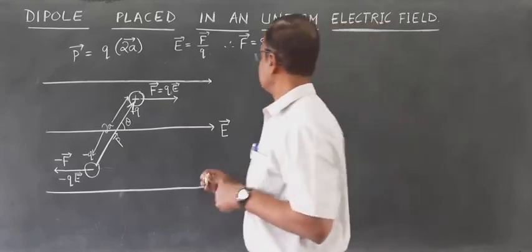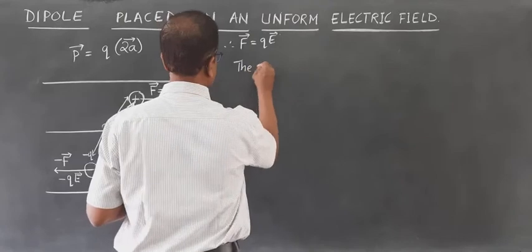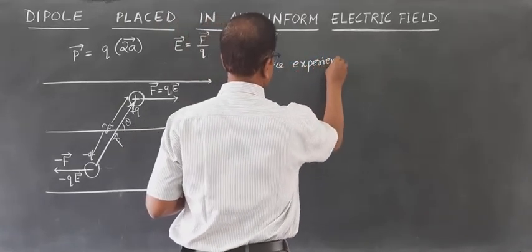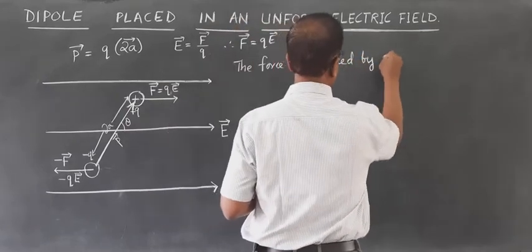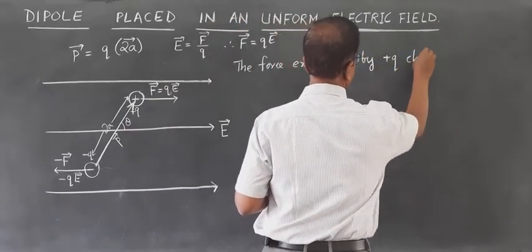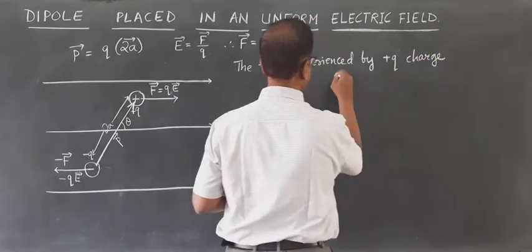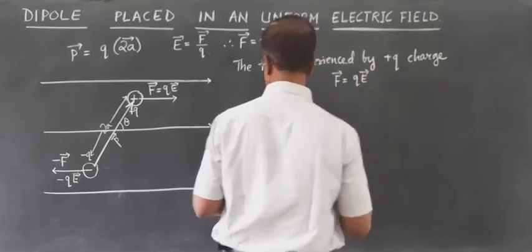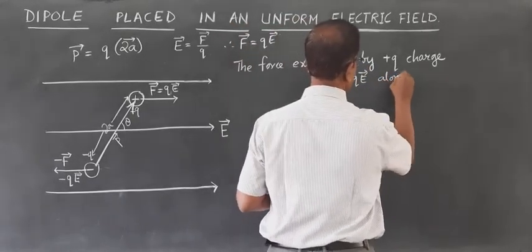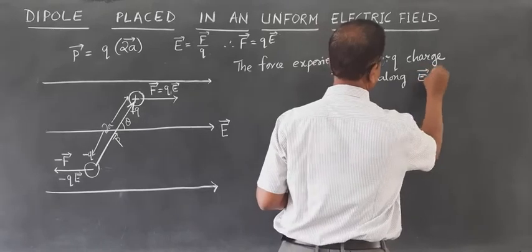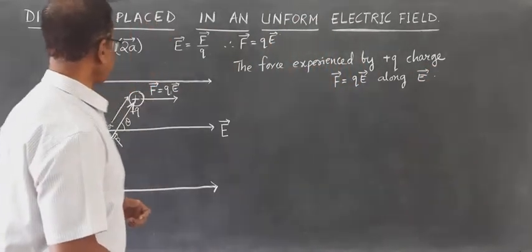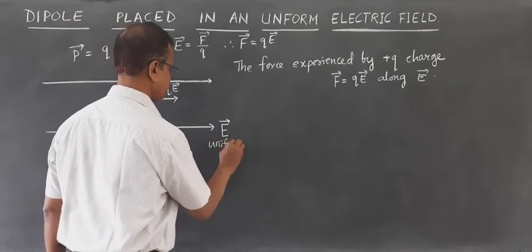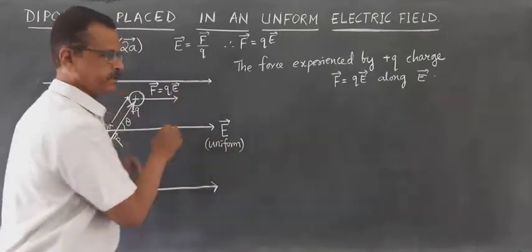So we will first write the force experienced by the plus q charge. The force experienced by the plus q charge is F equal to qE, along the direction of the uniform electric field, which has the same value everywhere.